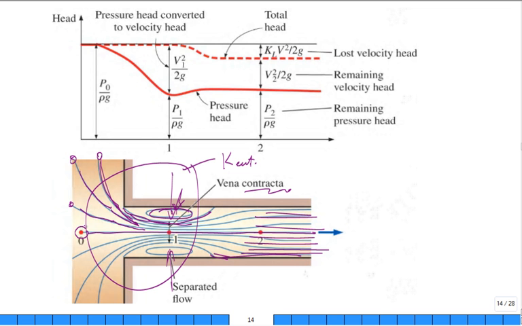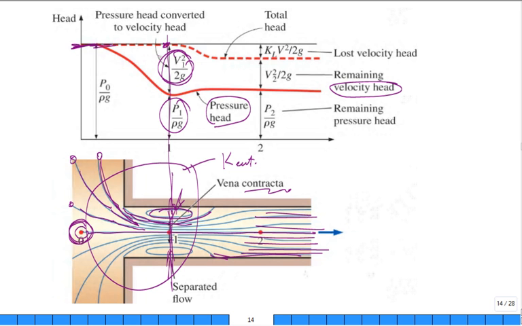So if you follow a packet of fluid out here, it has only, let's say, pressure head as the total contribution. But as it moves into this region right here, it's going to be going quite much faster. And so you pick up a combination of the velocity head and lower pressure head, but somehow you're going to have some losses.